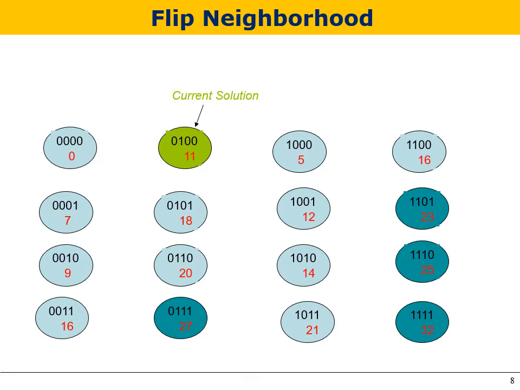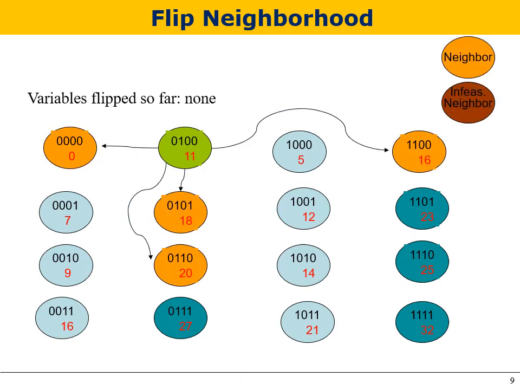So first thing, of course, we start with the taboo list being empty. Initially, the taboo list is empty, and we generate all the neighbors of this solution, as in the local search algorithm. So all the neighbors of this solution are like this. For example, if we flip the first variable, we reach this.